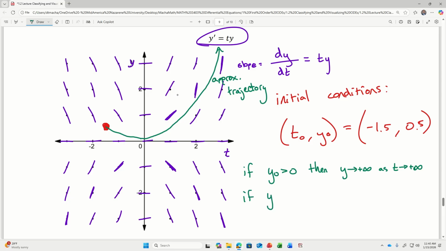And I could tell you that if my initial y value is less than 0, then my y value is going to approach negative infinity as time goes on.